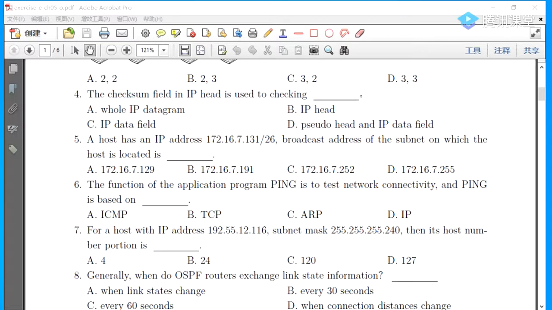So the broadcast address of the subnet on which the host is located is... This is a very basic question.